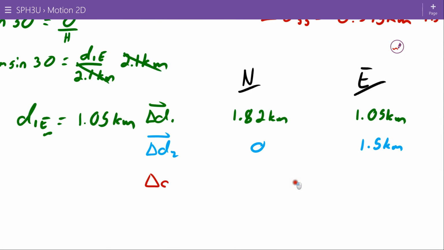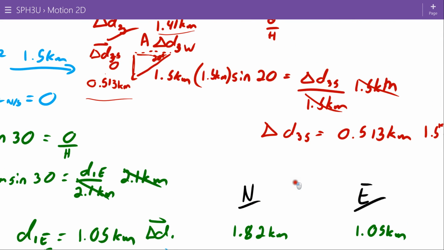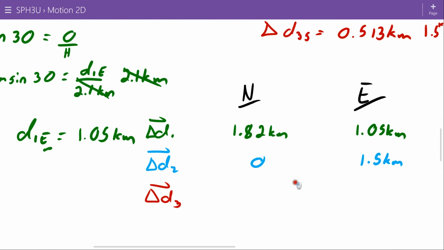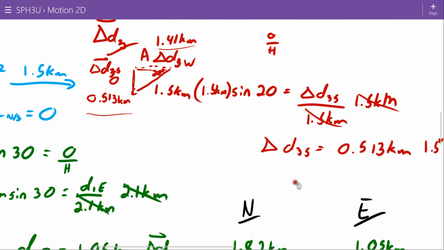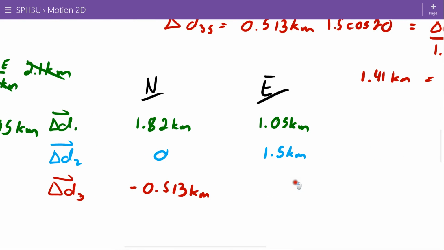One more thing to be careful of though, remember we have positive directions and negative directions. That 0.513 is in the south direction, and I've declared north as positive, so I need to be careful to include it as a negative. That 1.41 is west, and I've called east positive, so it's negative 1.41 kilometers.